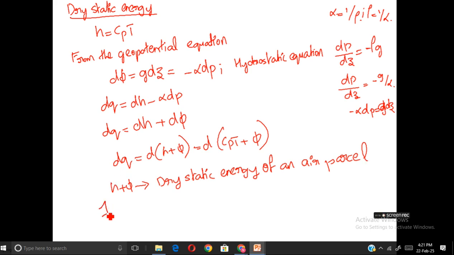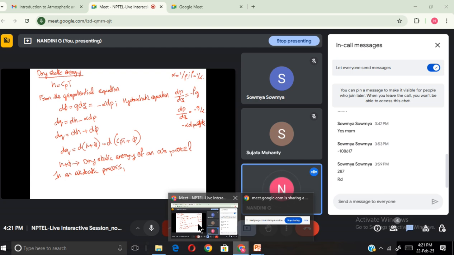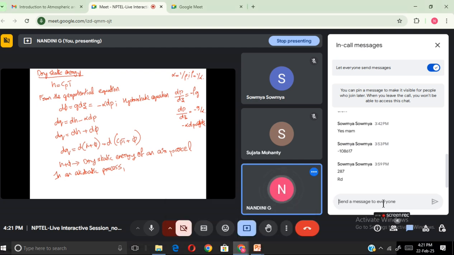In an adiabatic process, what does that mean? That no heat enters the system, right? So in the above equation, if we are considering an adiabatic process in which no heat is supplied to or lost from the system, which quantity will become zero?